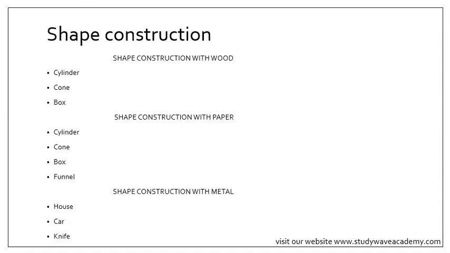And lastly, we looked at shape construction with three materials. Shape construction with wood, cylinder, cone, and box, and shape construction with paper, cylinder, cone, box, funnel, and shape construction with metal, house, car, and knife. So we understood today's lesson on shape construction with paper, right? Okay, good.